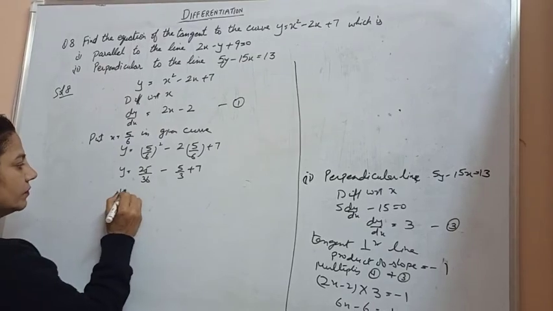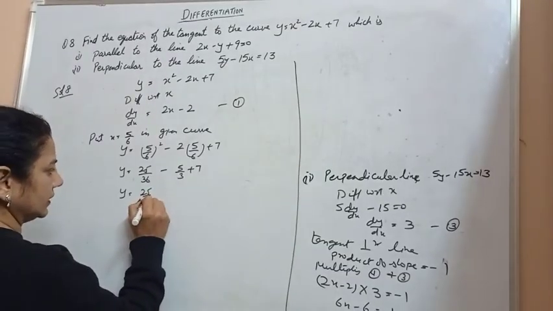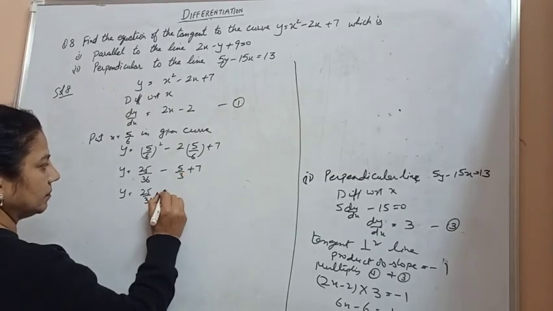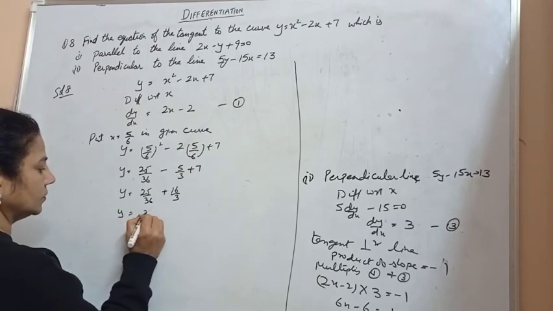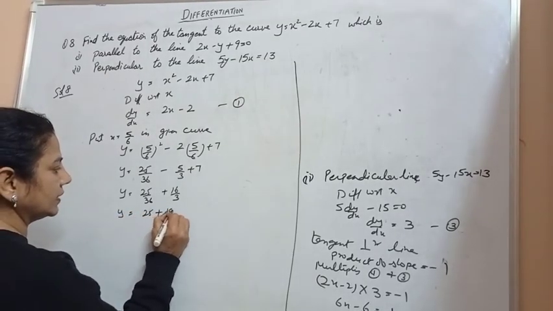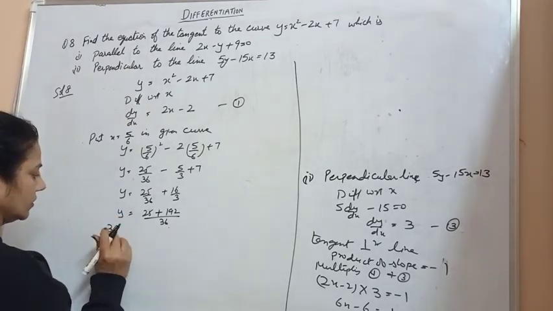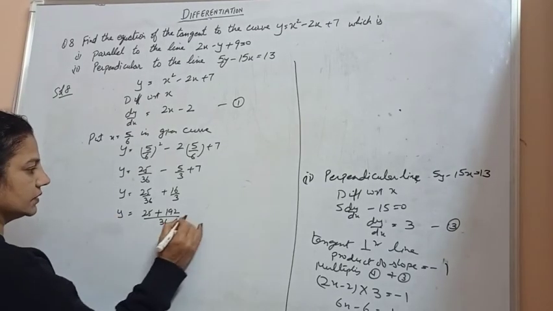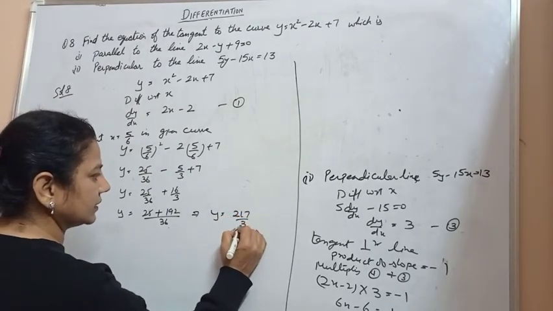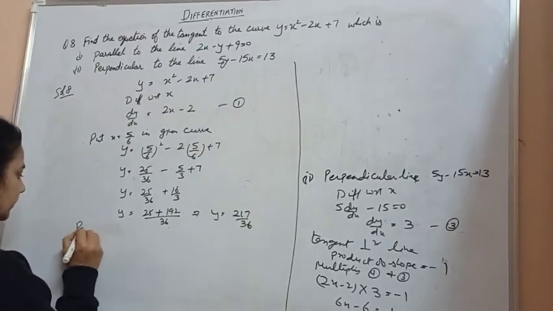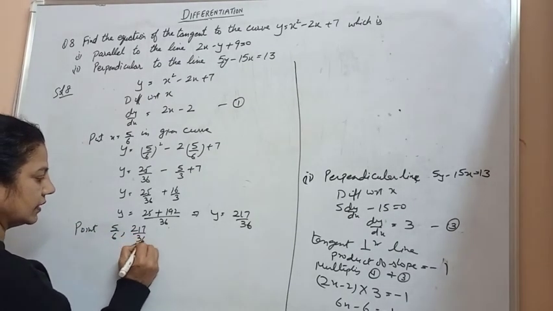Take the LCM. So we get y = (25 + 192)/36. This implies y = 217/36. So the point is (5/6, 217/36).